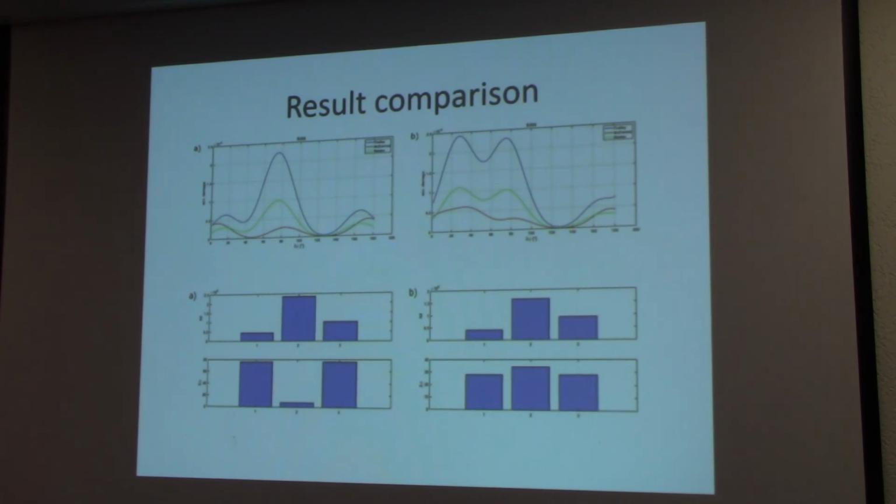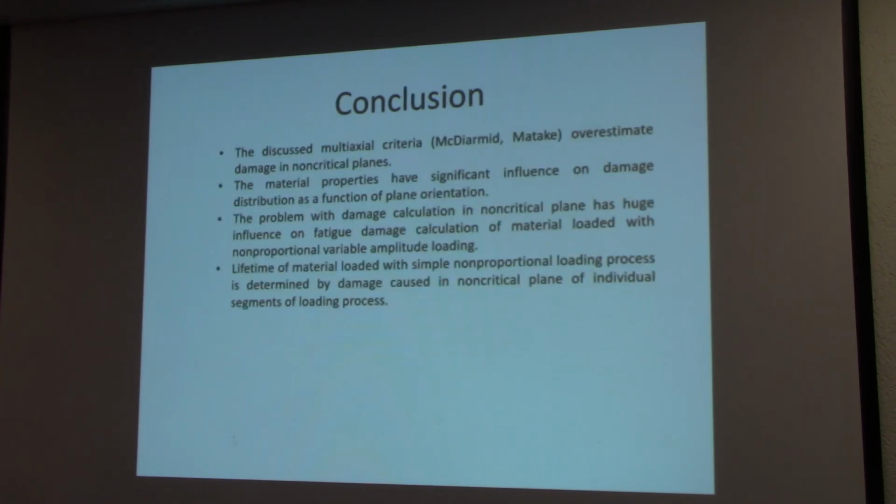So if I conclude the results, I can say that the multiaxial criteria, which define the critical plane based on some specific condition, like McDermott and Matake, which define it as the plane with maximal shear stresses, overestimate damage on the non-critical plane, which can lead to very conservative results if the component is loaded with a specific non-proportional loading signal.